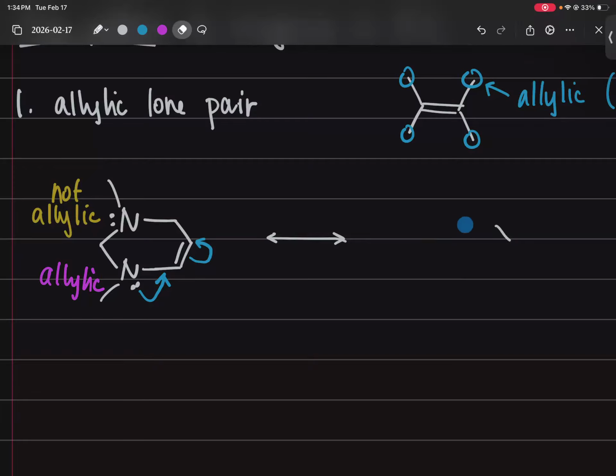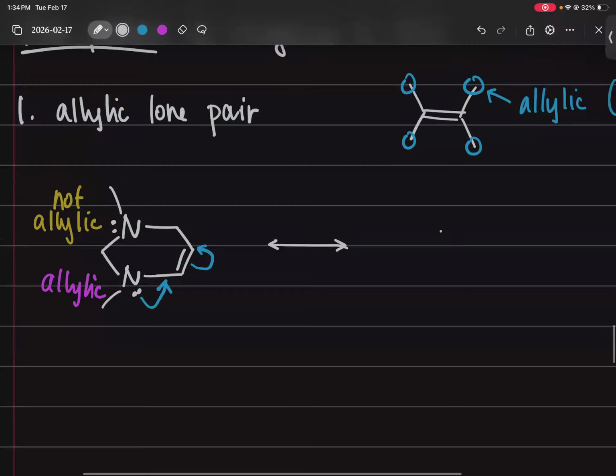There we go. It's a little better. Okay, so that lone pair at the top is not involved in resonance. So see, I skipped some steps here.